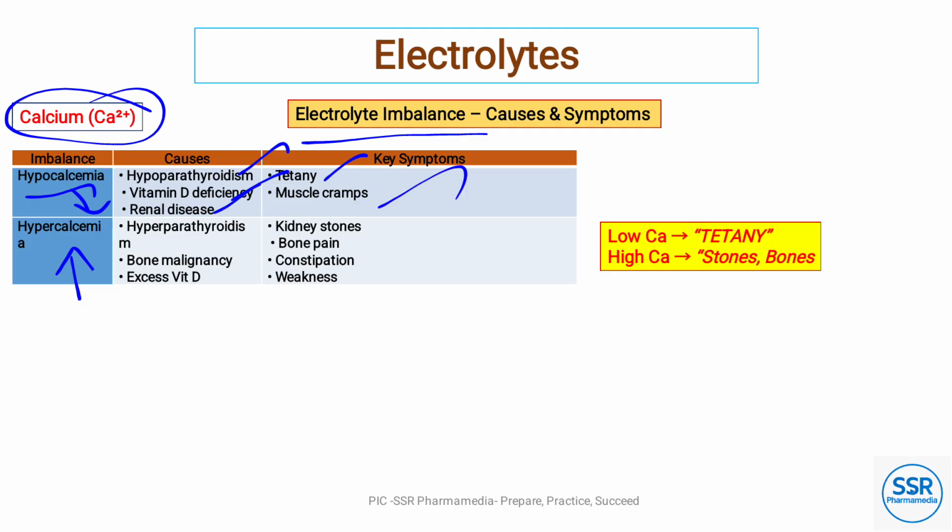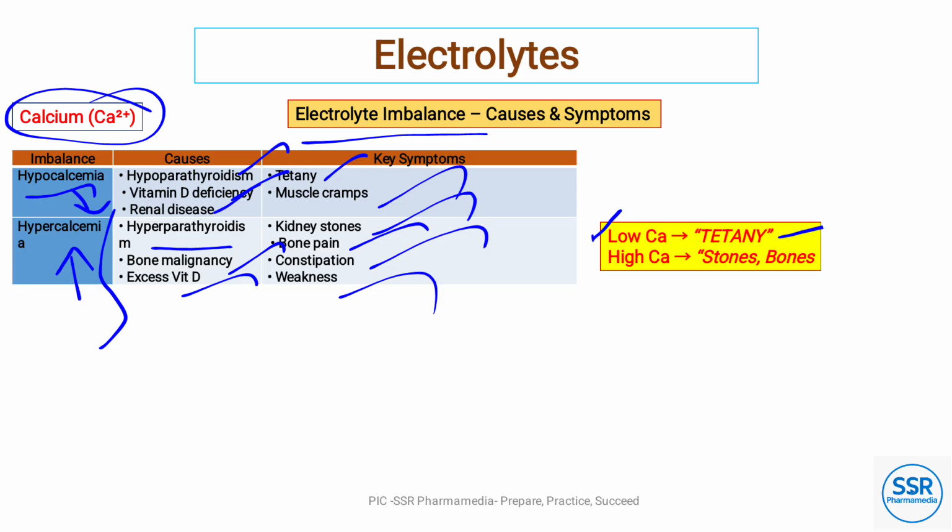Hypercalcemia is due to hyperparathyroidism, bone malignancy and excess vitamin D intake, which increase the calcium level. Hypercalcemia symptoms are kidney stones, bone pain, constipation and weakness. Low calcium is very important: low calcium leads to tetany, high calcium leads to stones and bones.